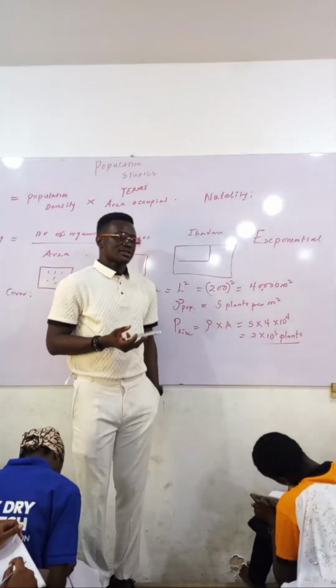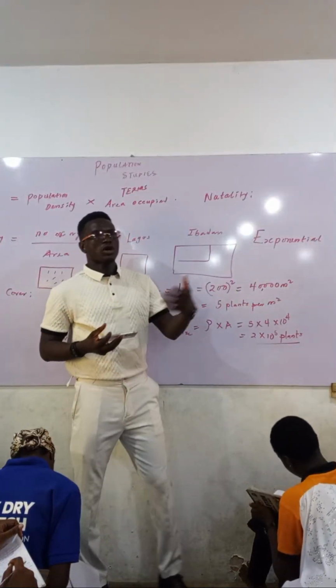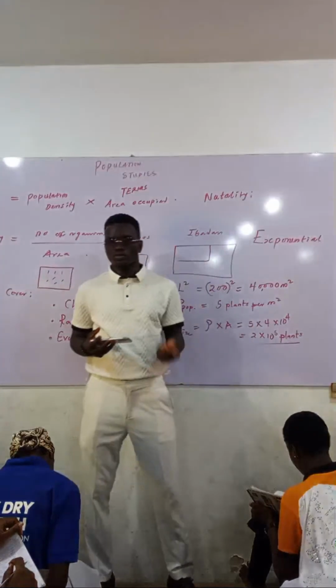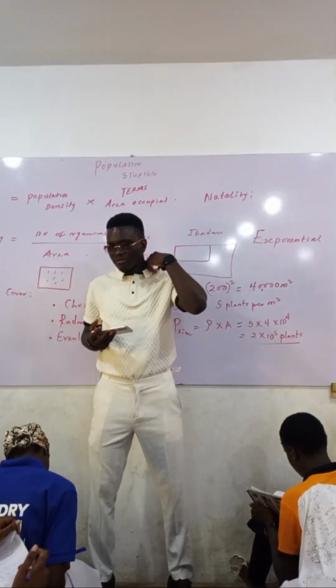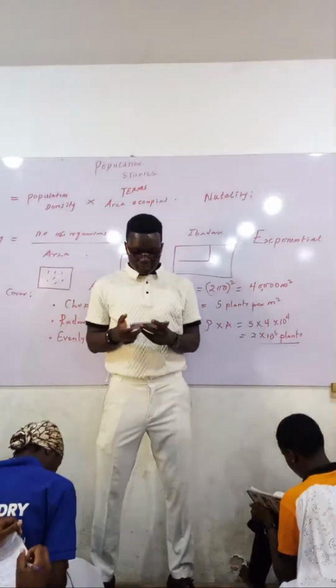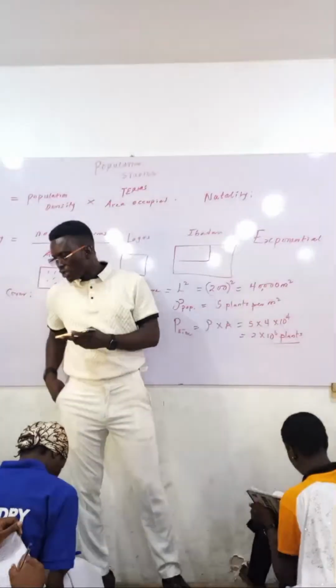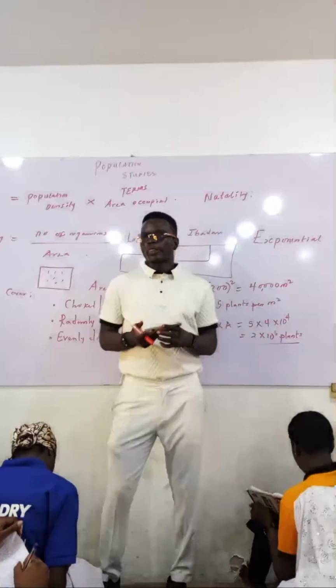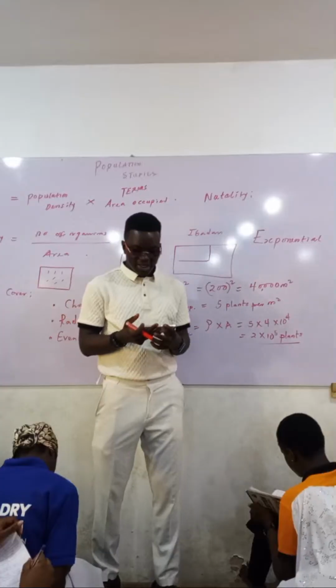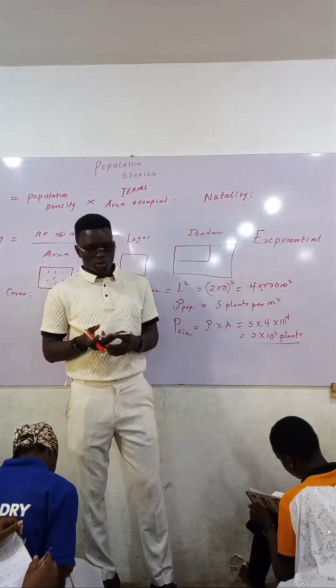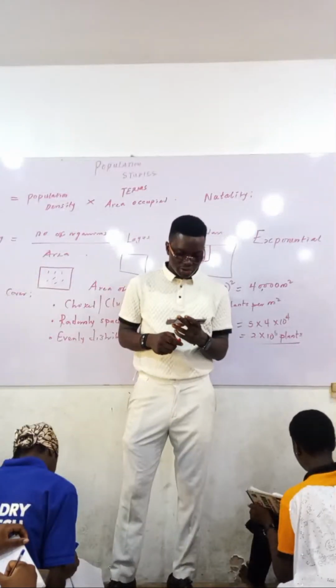That's birth rates: the rate at which organisms are giving birth. We call it natality. It is the ratio of the number of births to the size of a population.